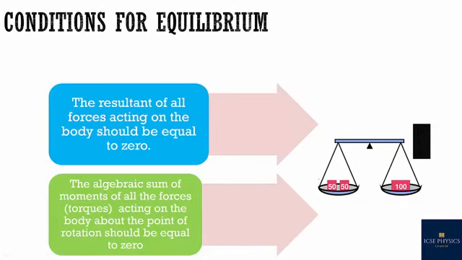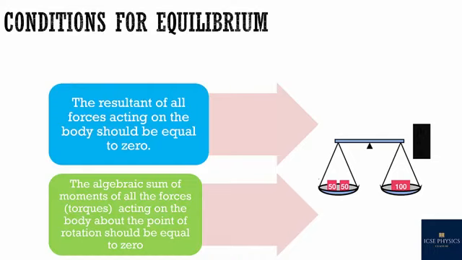Another example for dynamic equilibrium is a body moving at a constant height, like an aeroplane which moves at a constant height, with the upward lift on it balancing the weight downwards.